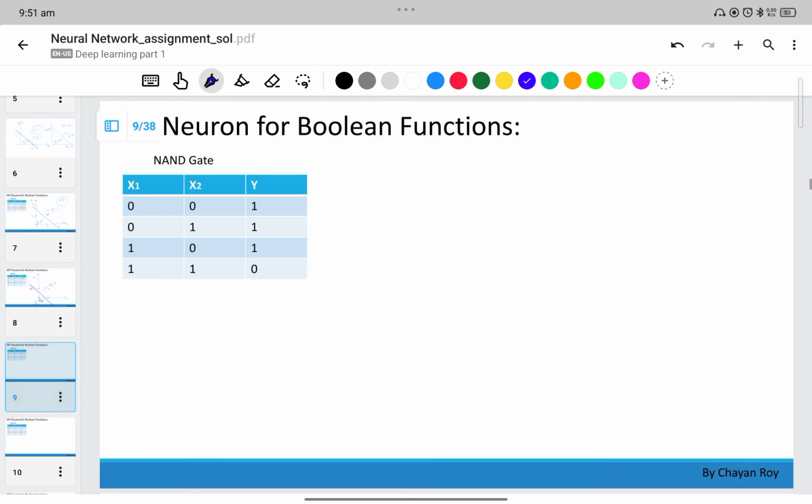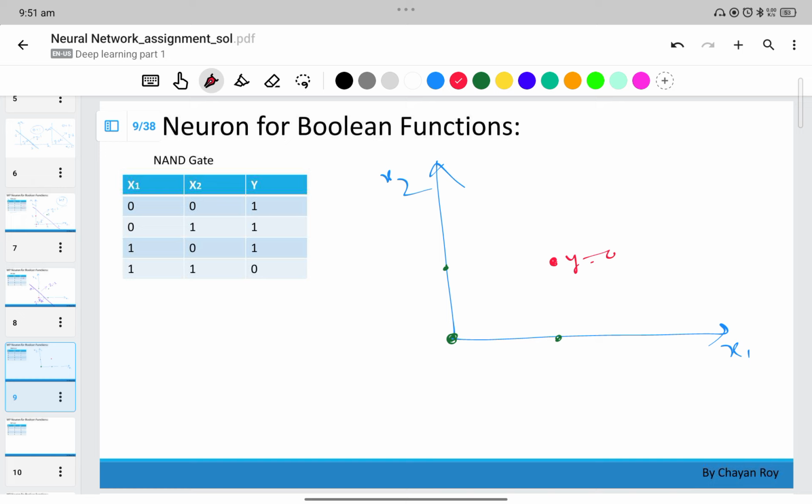So if we want to do NAND gate based on this MP neuron, let's say this is our axis, this is all similar. So wherever it is 0 0 there will be 1, wherever it is 0 1 we will have 1, 1 0 is 1, and 1 1 will be 0. So red says it is y equals to 0.